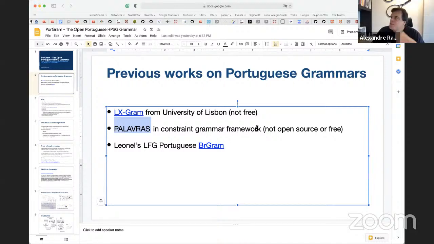Actually, in the past, FGV bought a license of Palavras. And then we started to see the problems with a project that's not open source, right? The code is completely, it's very difficult to maintain.